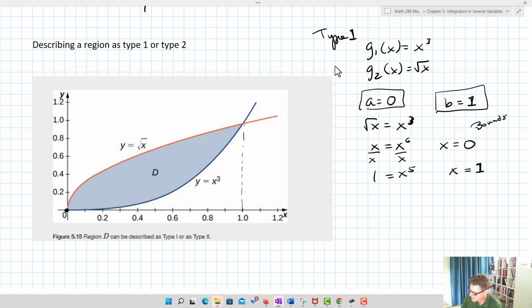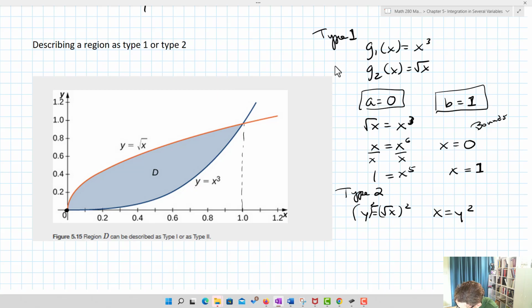All right, so that's a type 1. Now what about a type 2? For a type 2, we've got to switch it and make it a function of y now. So y equals root x, we'll square both sides, and we get x equals y squared.